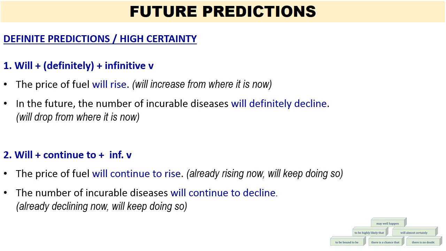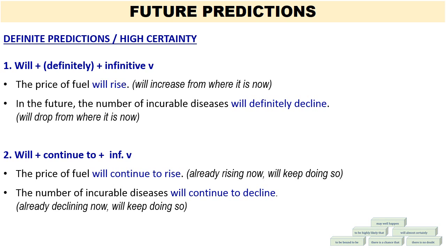Next, we can use will plus continue to plus the infinitive form of the main verb. For example, the price of fuel will continue to rise. So this means it is already rising now and it will keep doing so. Another example, the number of incurable diseases will continue to decline.